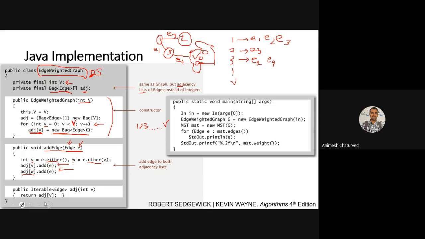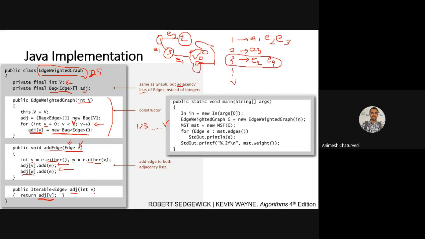Then if you call this function adjacency, you can return the adjacency list for the vertex v. Means if you had called adjacency of 3, then it will return the adjacency of 3, like this.